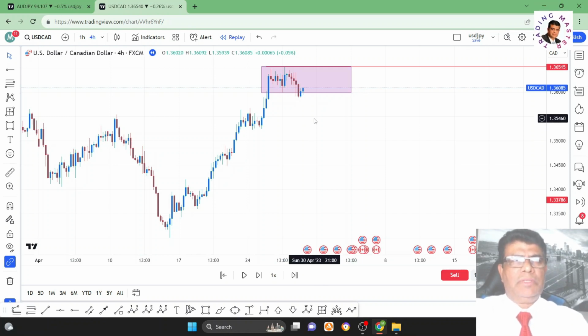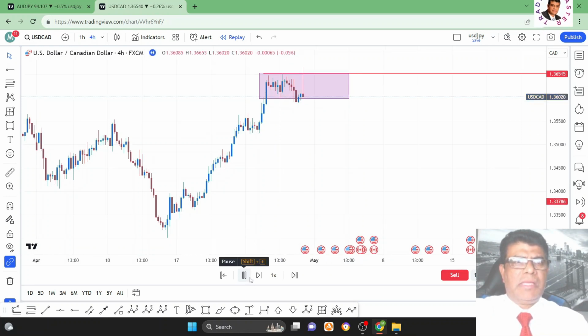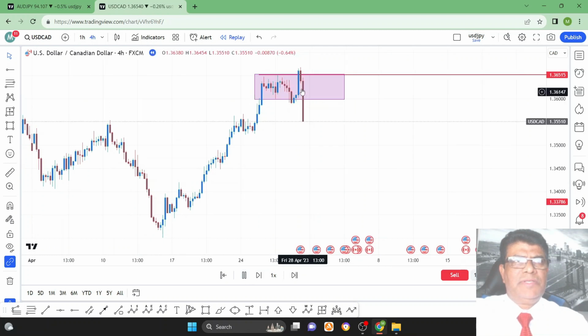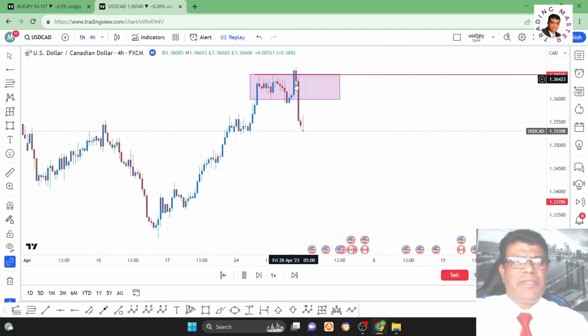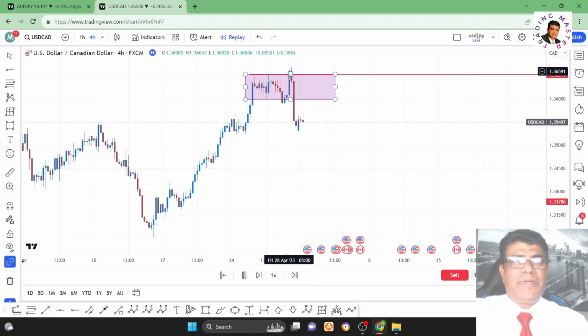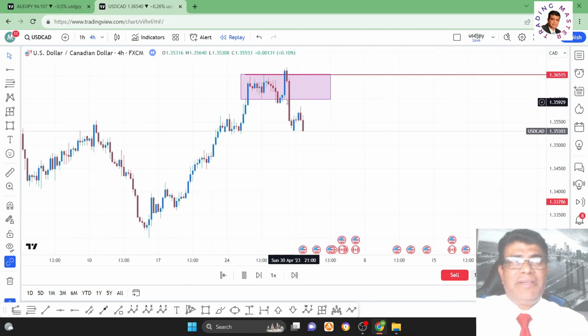Okay, so now look at this. Always wait for the retest. Now if I play back, look at the retest. Look at this one, you see the retest. If I waited, as soon as I saw this, I could take a trade somewhere here.